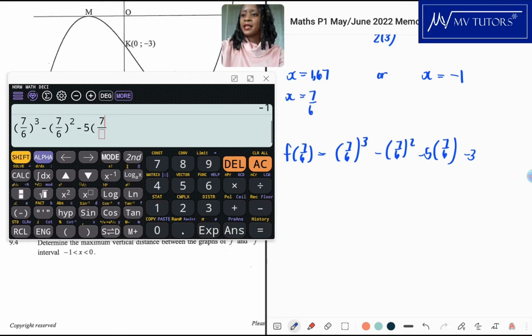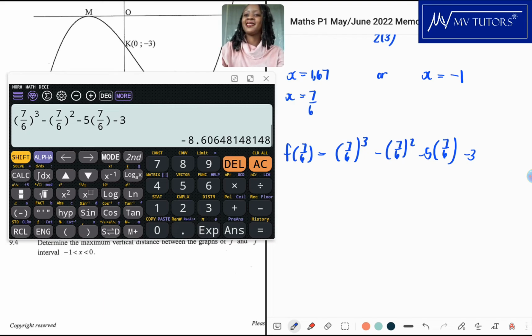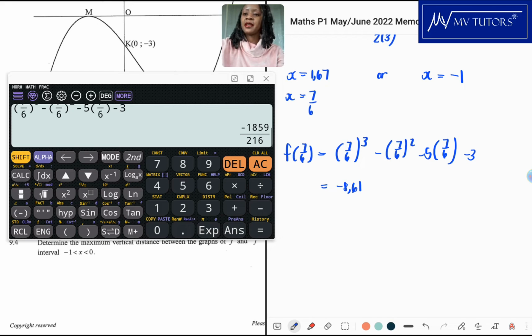What makes calculations go easier, if you got 7 over 6, I would suggest that you store it somewhere so that you don't have to type it all the time. Alright, so we are getting a negative y value, which makes sense. That will give us negative 8,61, which can be written as negative 1859 over 216.